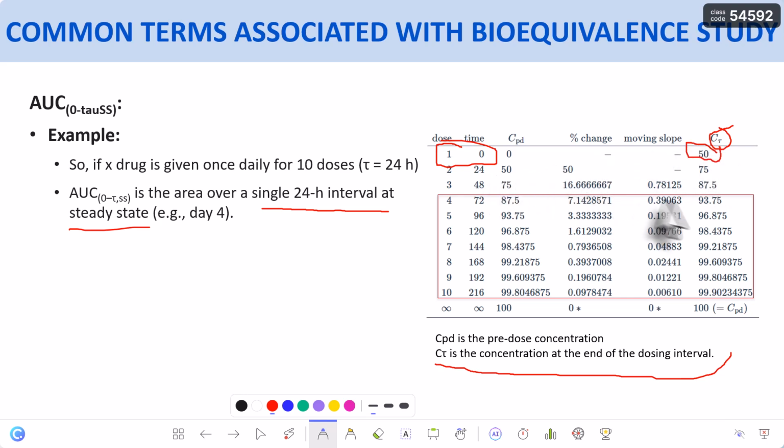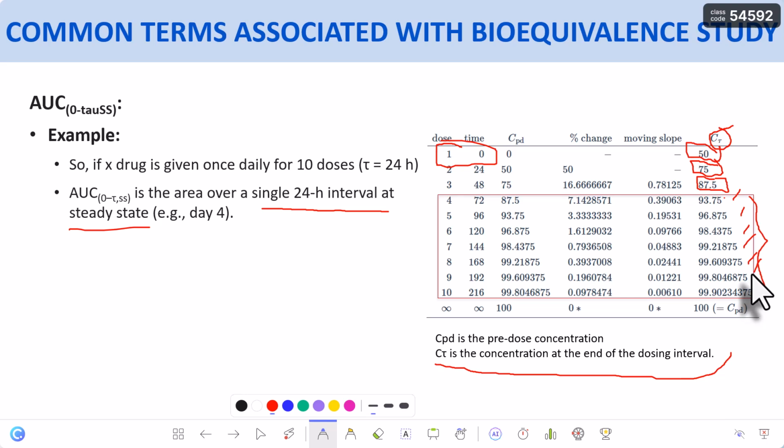Then at the second dosing interval, 75. At the third, 87. And then from the fourth interval onward, you will see the concentration of the drug substance has almost achieved a steady state, like 93.75, then 96, then 98, 98, 99, 99, and 99.